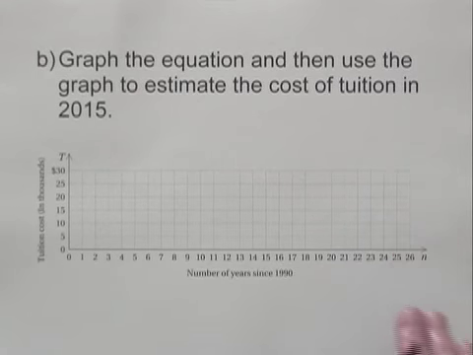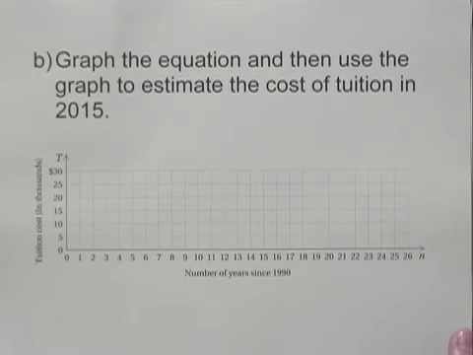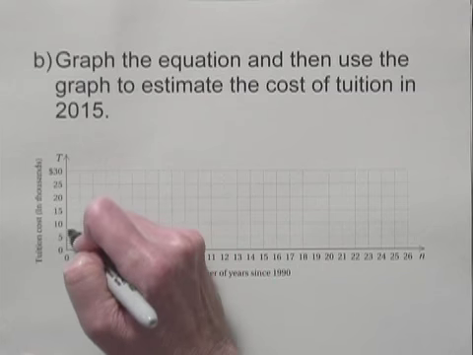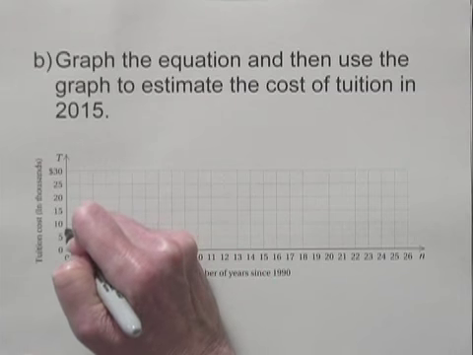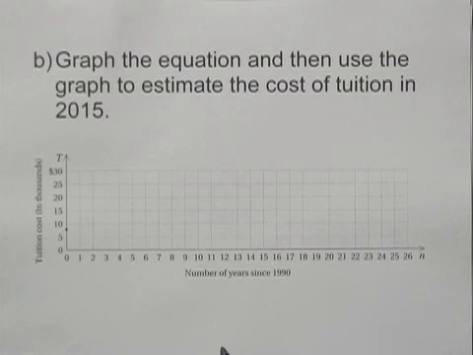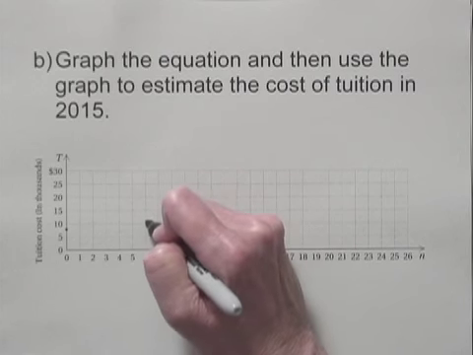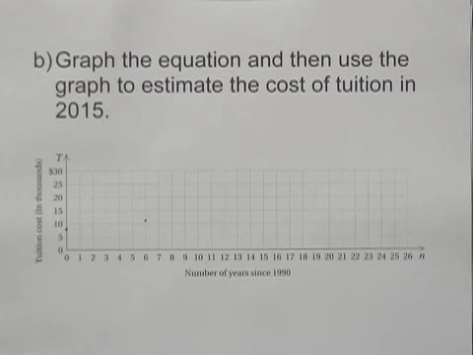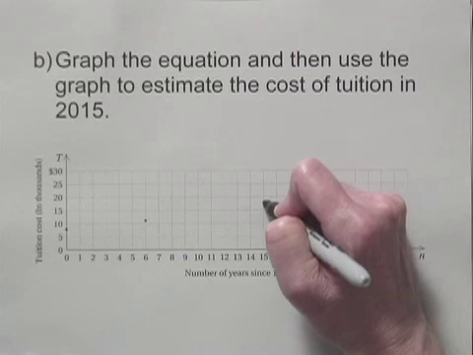Now we'll graph the equation and then use the graph to estimate the cost of tuition in 2015. We found some points in the earlier part of this exercise. We found the point 0, 7.8, so I'll graph that right about here. We found the point 6, 12. We found the point 15, 18.3.